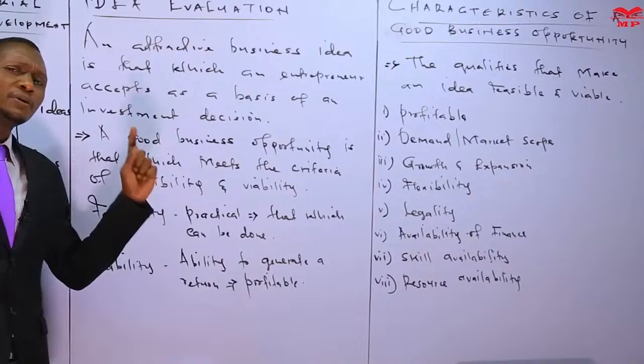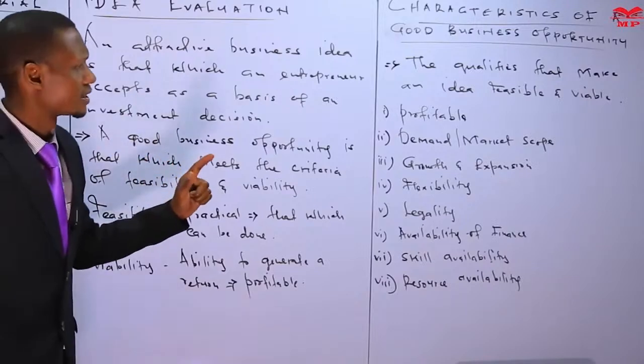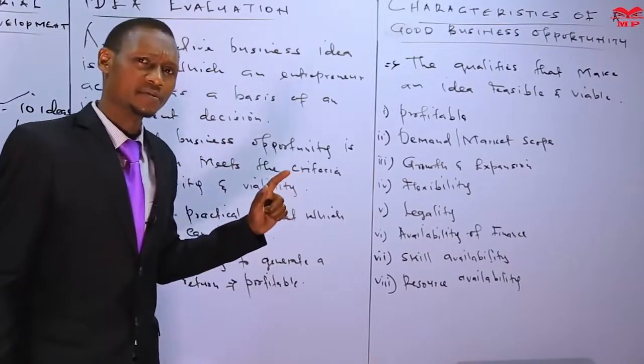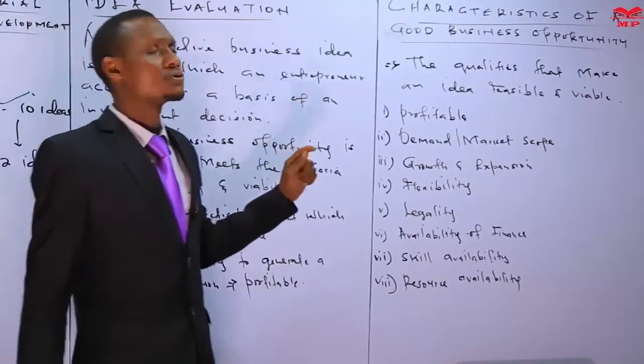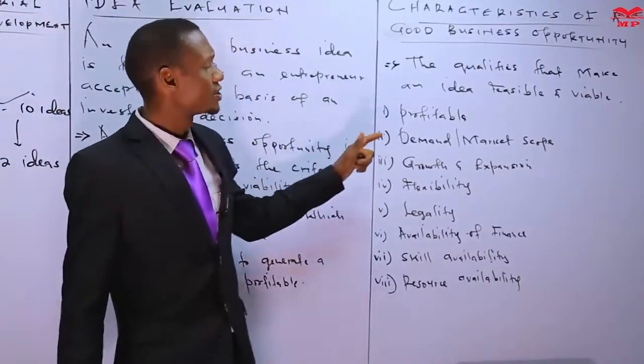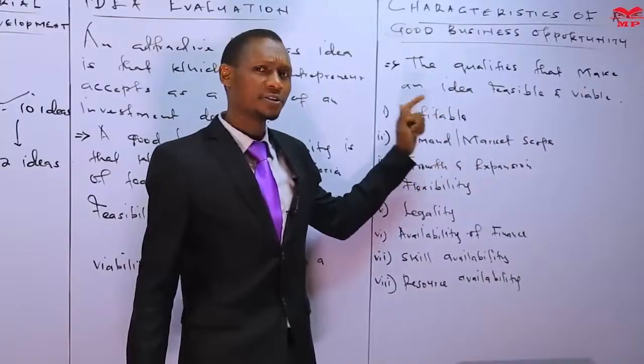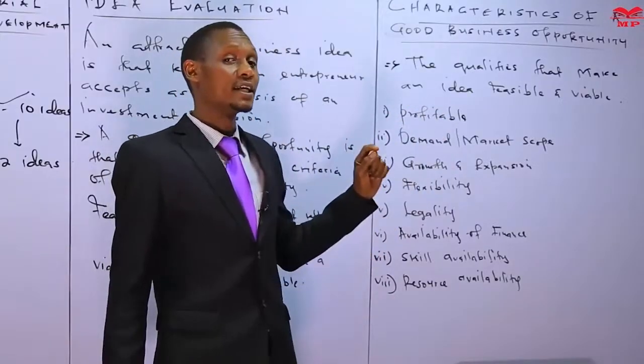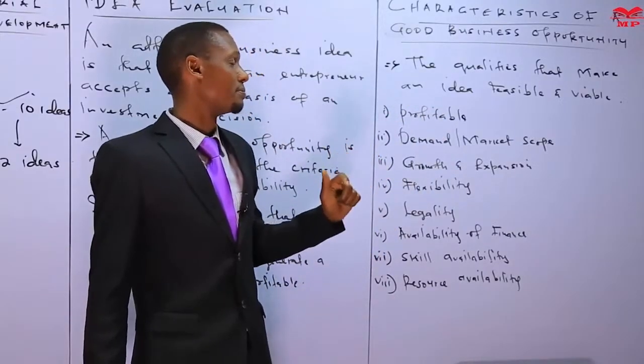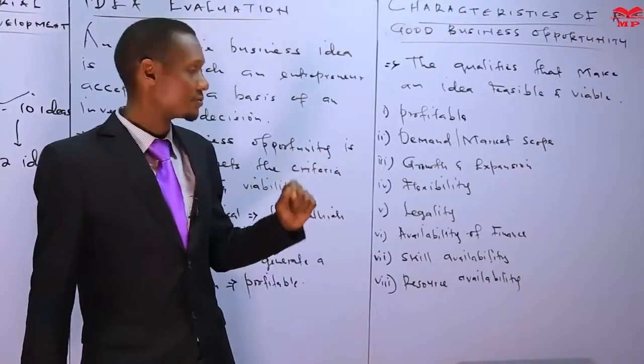So one important requirement that the entrepreneur must consider is, are they going to get a sufficient return for their investments? Will that idea help enable them make a good profit?